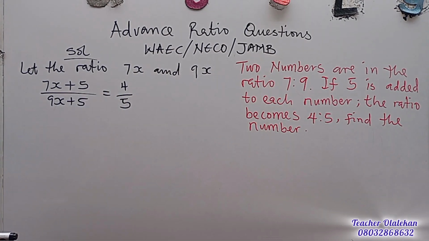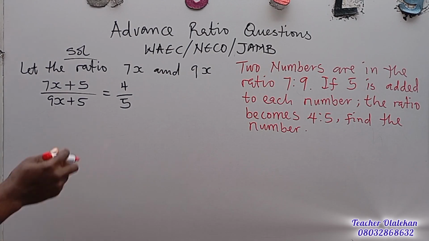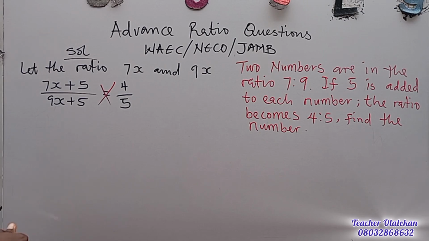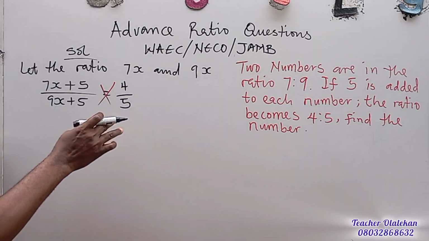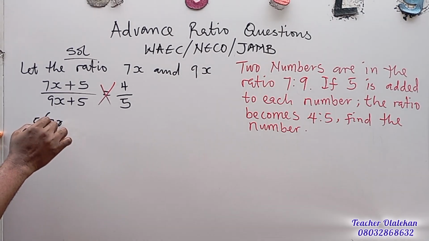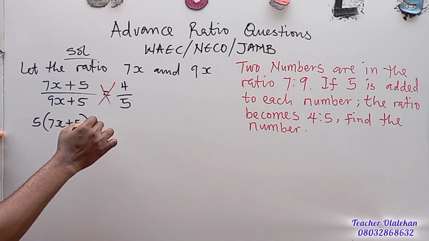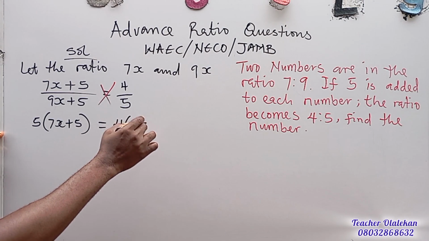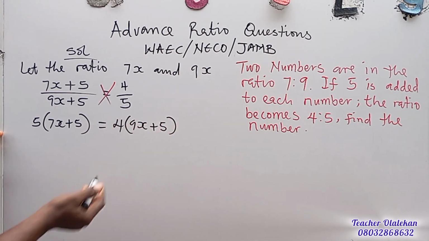Then at this stage we solve it with the knowledge of algebra by cross multiplying. So now let's cross multiply first, then we open the bracket. So that becomes 5 into bracket of 7x plus 5, bracket close, is equal to 4 into bracket of 9x plus 5, bracket close.